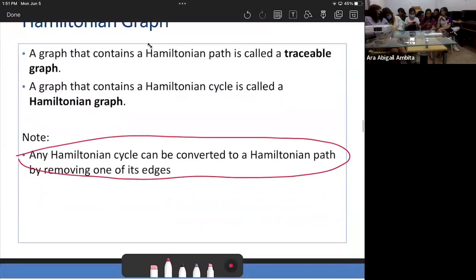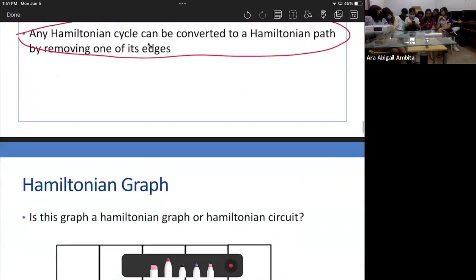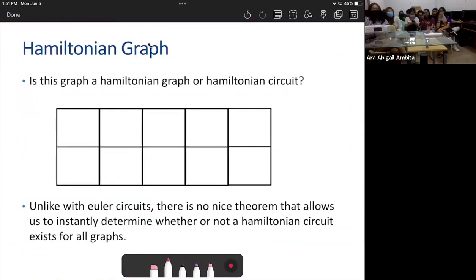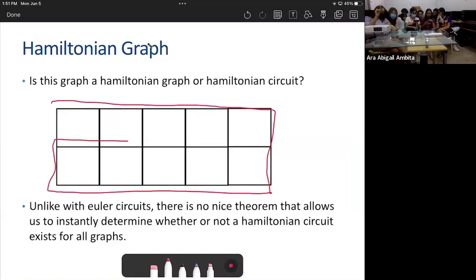So let's look at this. We can go from here to here, right? So we can visit all the vertices, right?